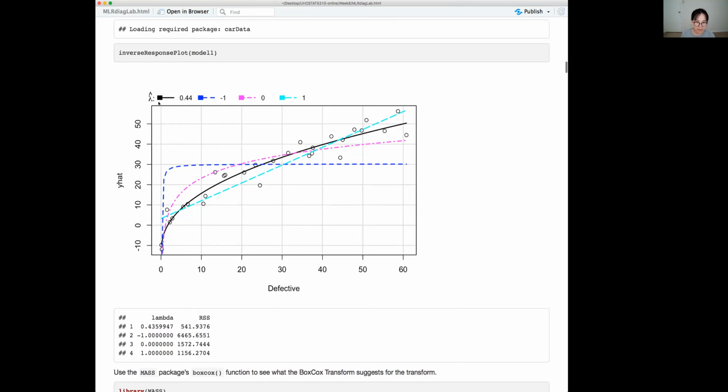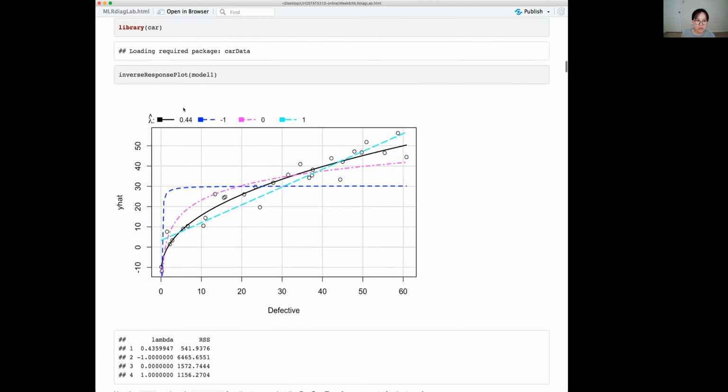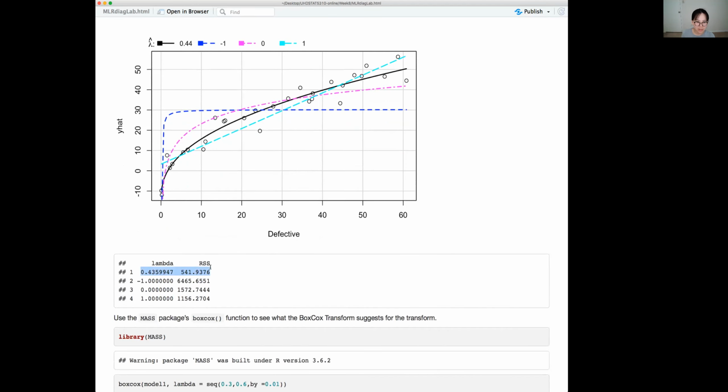Well, it checked lambda being -1, 0, and 1, and figured out this lambda being 0.44 gave us the best fit. And if you look at the output from this function, the first one is the best estimate for the lambda, which is your lambda hat.